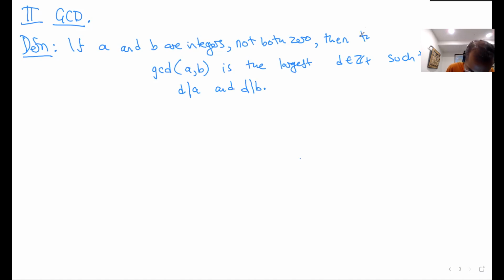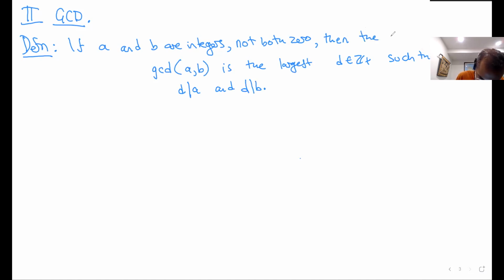Then the greatest common divisor of A and B, sorry, I keep saying denominator. Right, it's the largest common divisor.